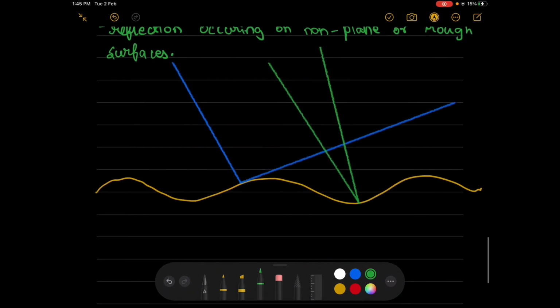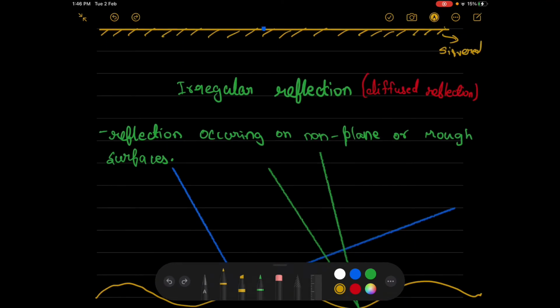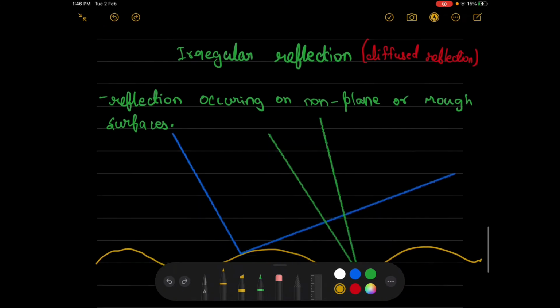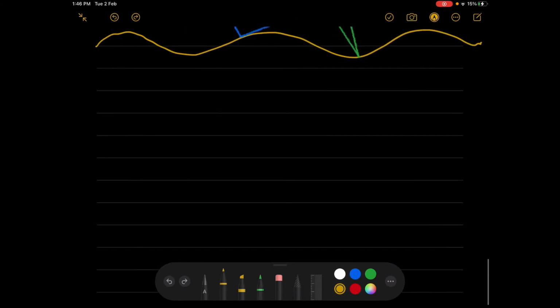One thing to note here is that we don't draw it like this, because this is not a plane mirror, this is a rough surface which we haven't turned into a plane mirror. Now let's come to the main part, which is basic terminologies.